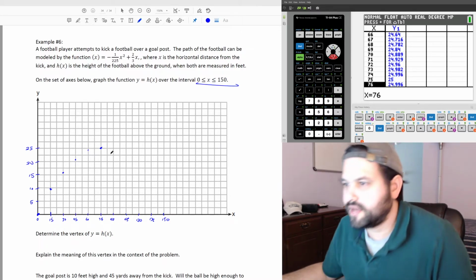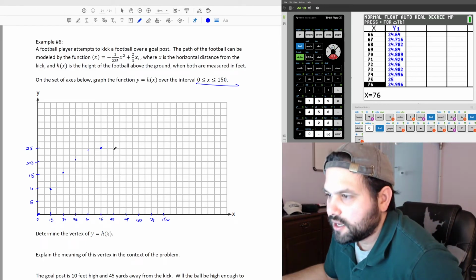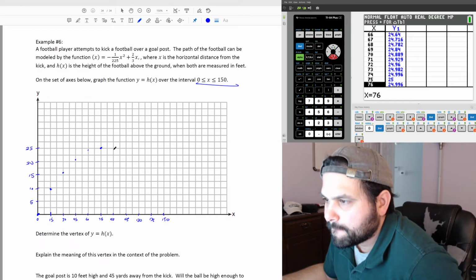And then I'm just going to go ahead and use symmetry to finish this. I know that all of these values will be equivalent on the other side of the vertex. Making sure I hit the right x value. And there.